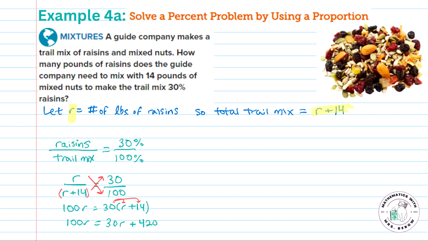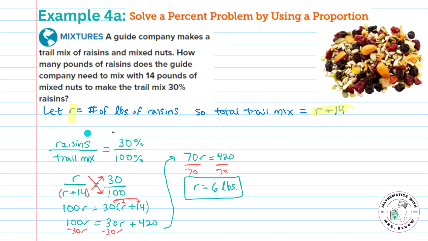And we would subtract the 30R from both sides. We'd end up with 70R equals 420. Last step, divide by 70 to find that our answer for the amount of raisins is going to be 6 pounds. Okay, so that's one way we could set this up.